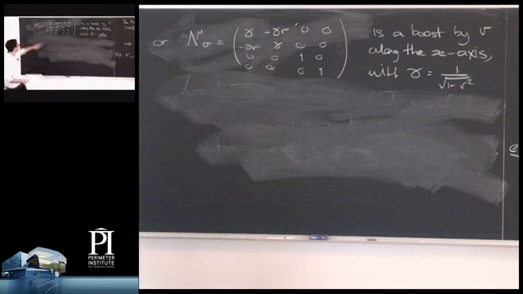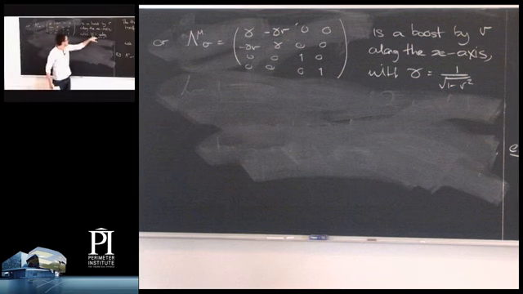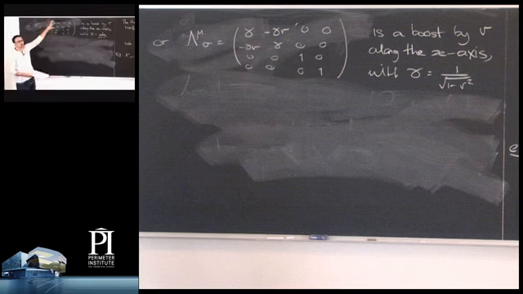Okay, so this is now an example of a boost along the x-axis. By the way, implicit here is the fact that this is time, x, y, z. So just a boost along the x-axis, velocity v, where gamma is the usual relativistic gamma factor. You could also write this in terms of cosh and sinh, if you preferred.